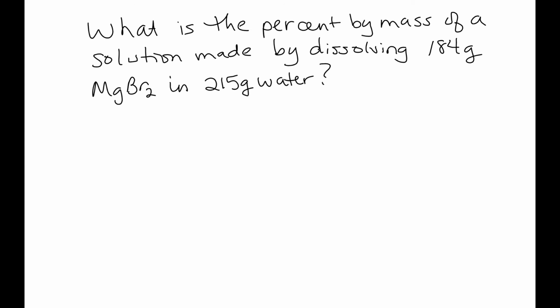Okay, what is the percent by mass of a solution made by dissolving 184 grams of MgBr2, which is magnesium bromide, in 215 grams of water? Okay, this is an easy one. It's the percent by mass, so it's the mass of the solute, which is the MgBr2, over the mass of the solution, which is both the water and the solute, times 100.